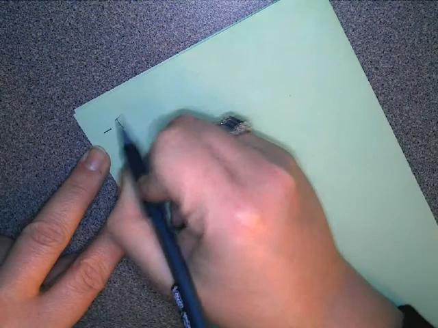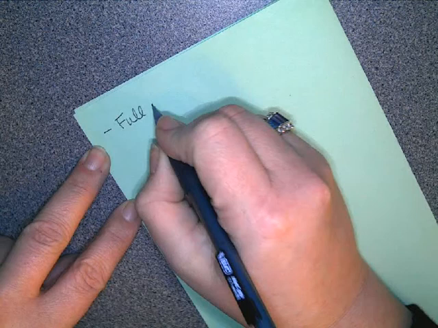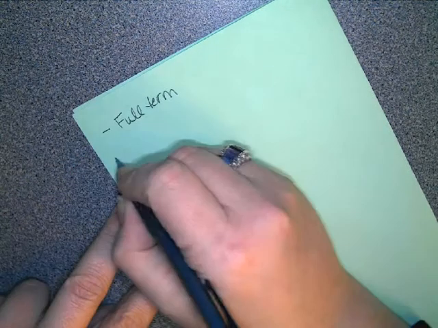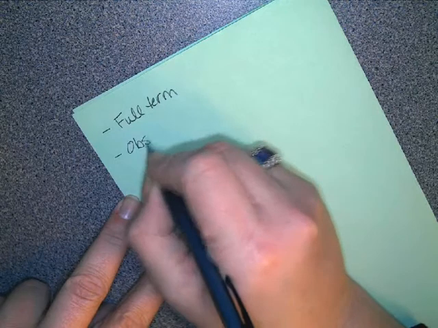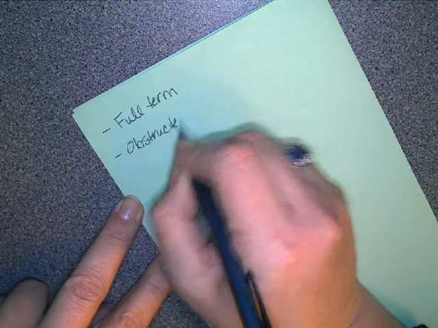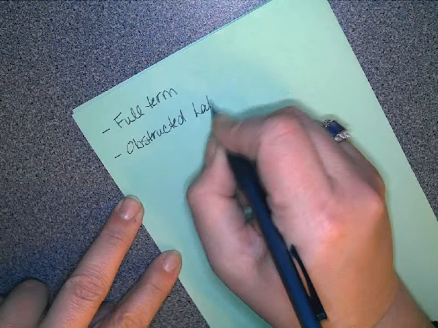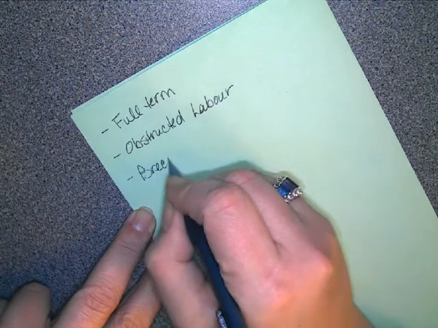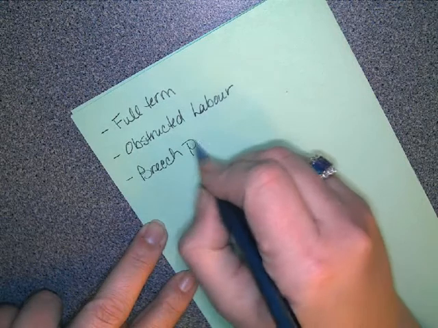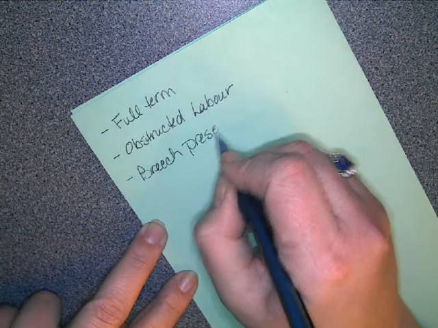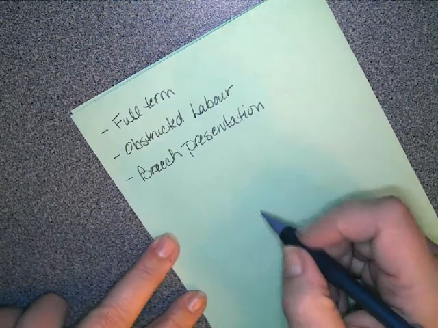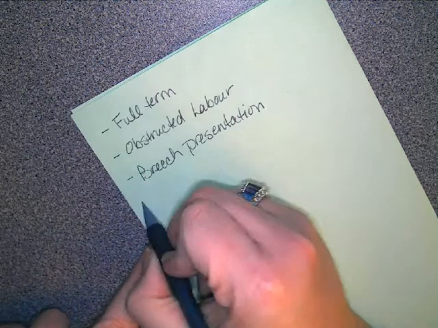So the first thing I'm going to say is I have a patient at full term, right? She's at 40 weeks. She has obstructed labor. She has a breech presentation. Okay? She has a single live-born infant.